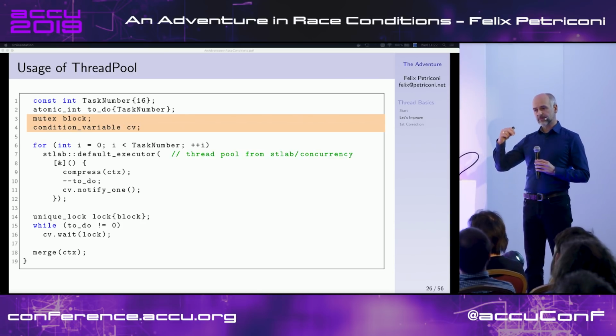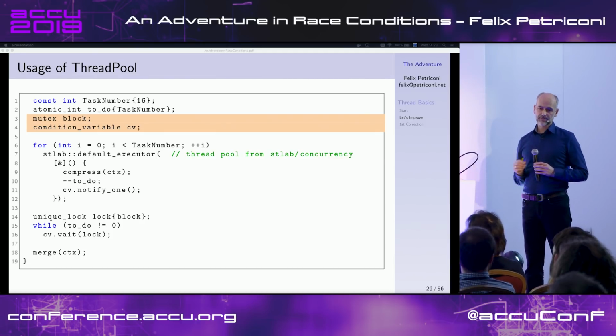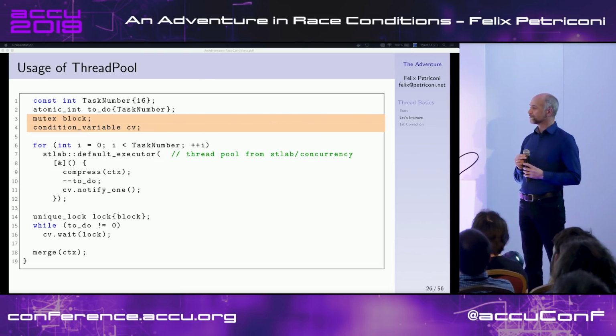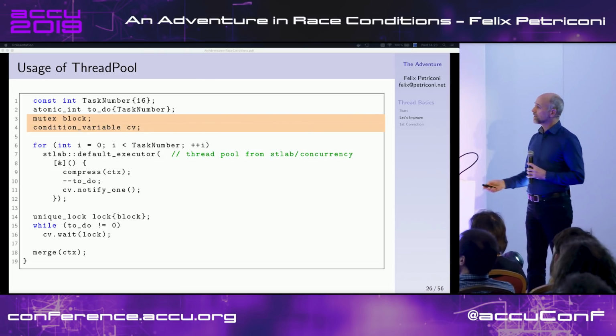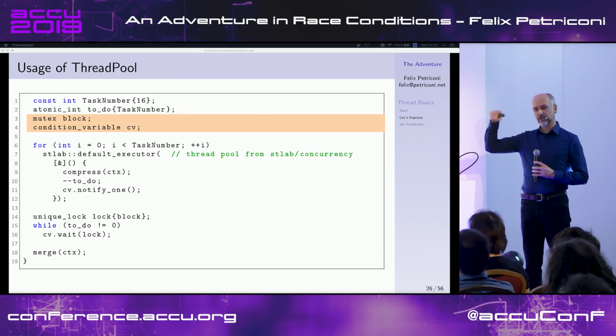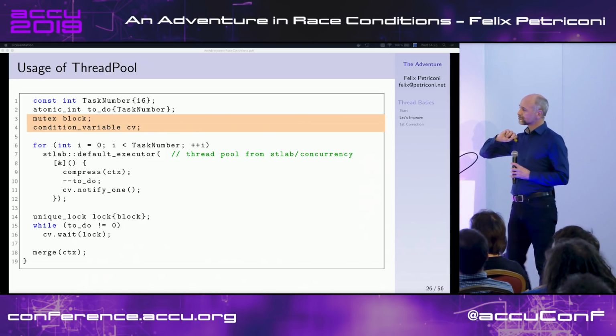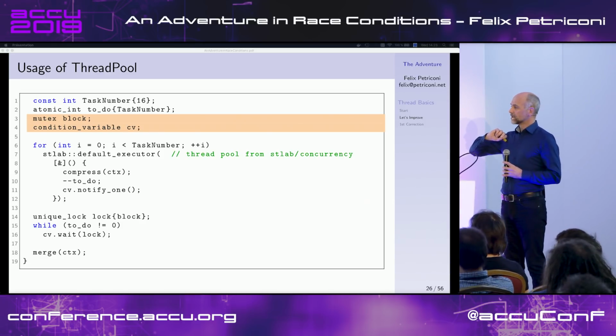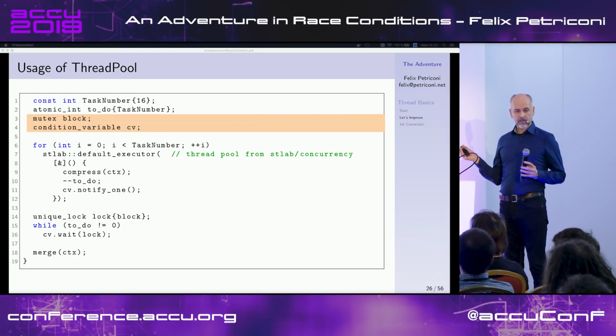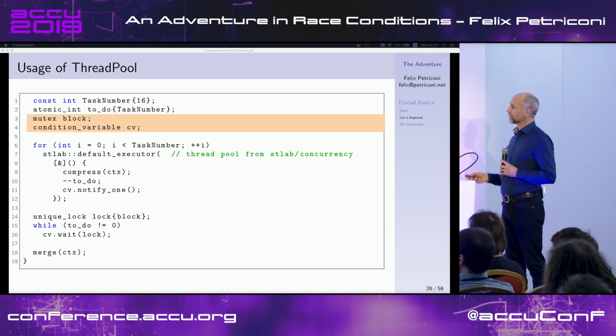So if you want some kind of notification when this task has finished, you have to do this on your own. And that's the way I'm using this atomic counter here. I decrement it for each stripe that has been successfully compressed, and when all stripes are compressed, then we're done.